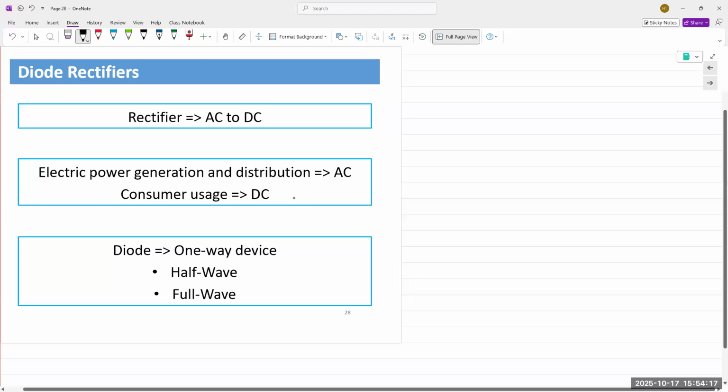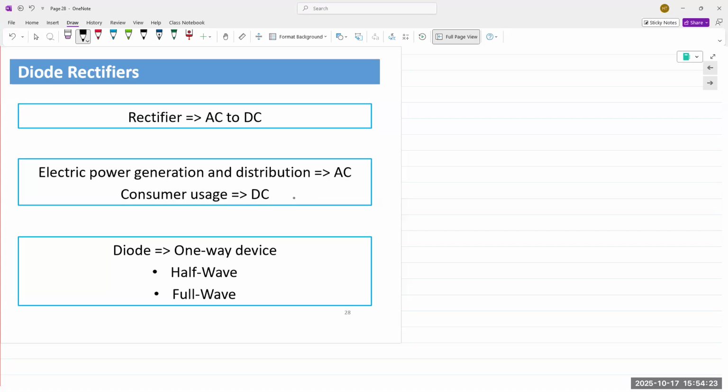You've seen those long distance transmission lines running overhead through the mountains and all through the city, or near your home residences. All of that transmission is in AC. Power is generated in AC. Transmission is also in AC. Everything that we use is in DC, so we need a way to convert AC to DC.